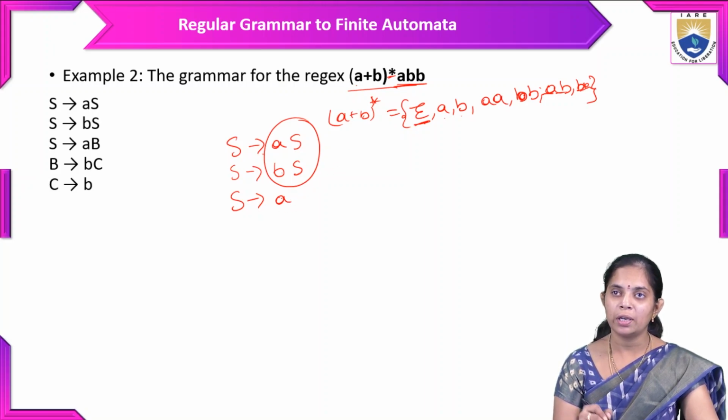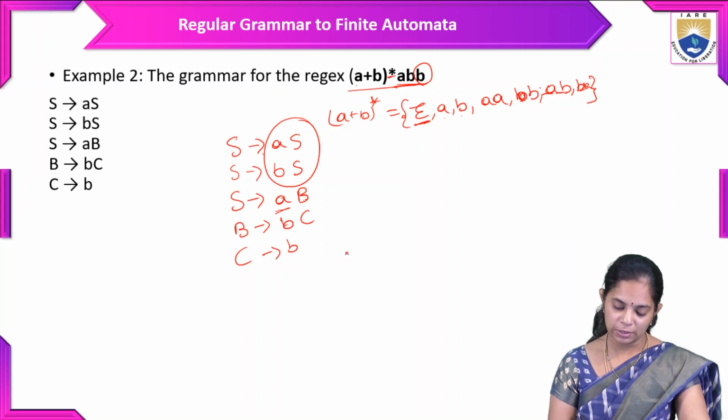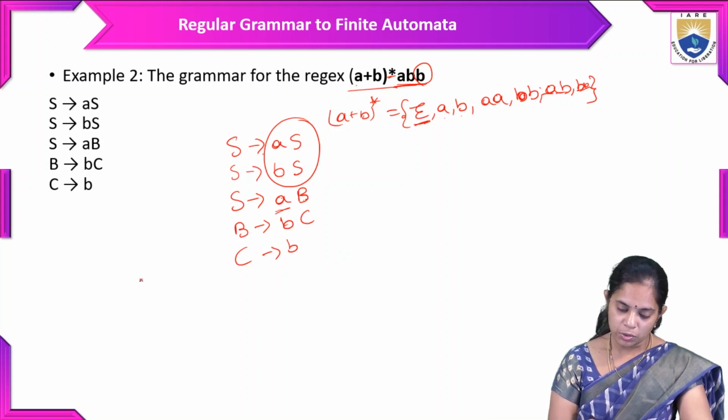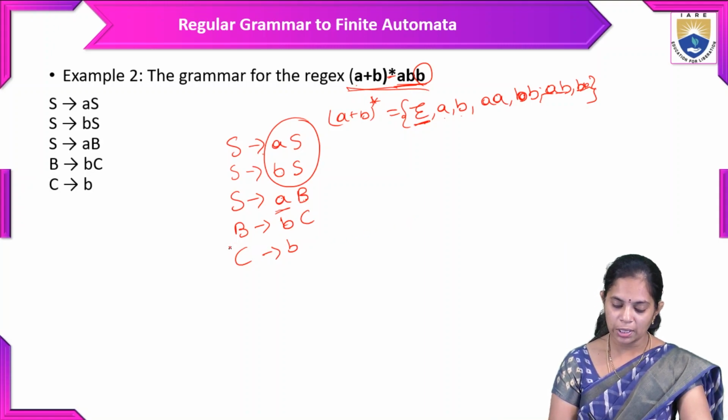We need to enter into another state with the A input, so I am writing B. And B tends to, so here we already have A and we need B. So for this one we will write B capital C. So C we can clearly represent with the terminal. So this is how we have converted the regular expression into a regular grammar.